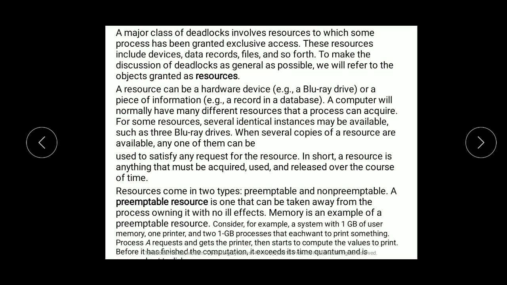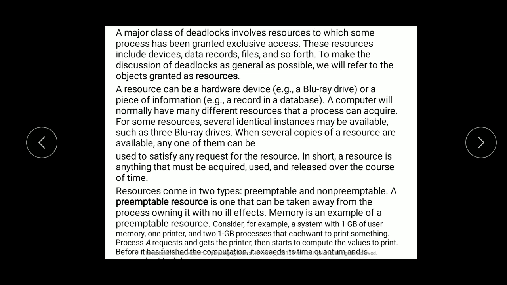If it is more than one, like the Blu-ray drives here, which are three, and there are several copies, you can divide the resources among the processes. If not, you have to wait, that is until someone is done with their work, you cannot use it.